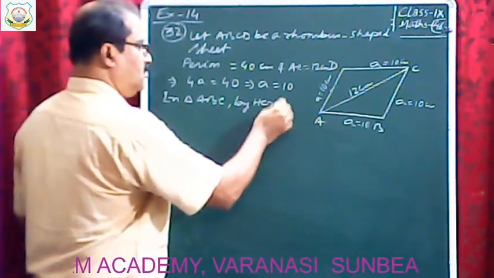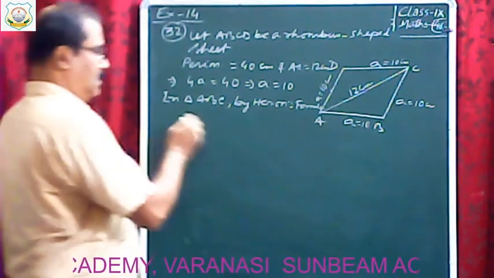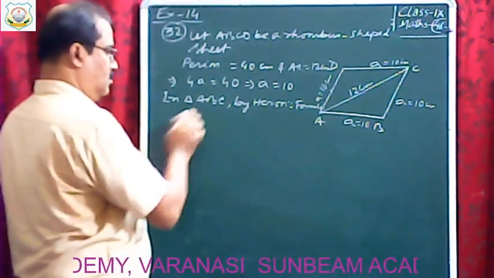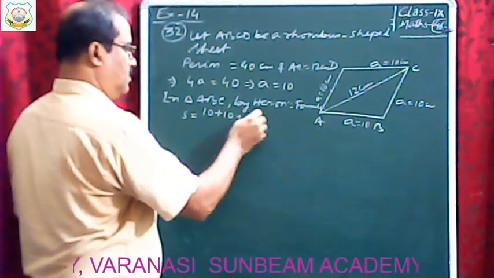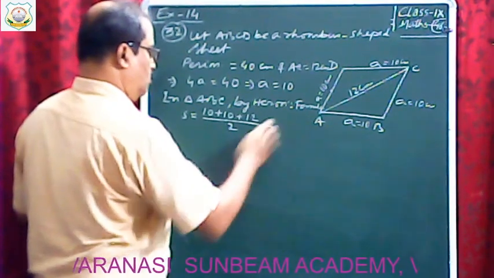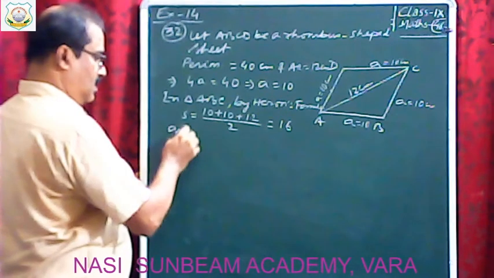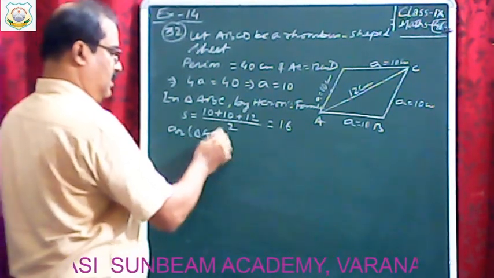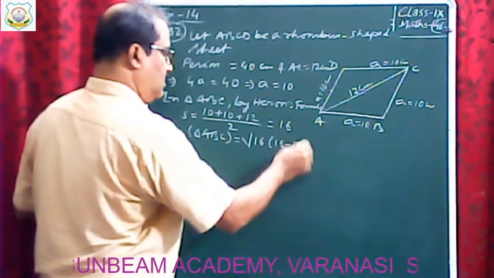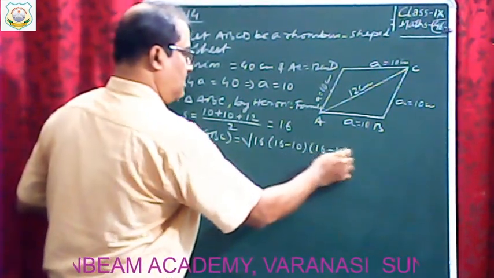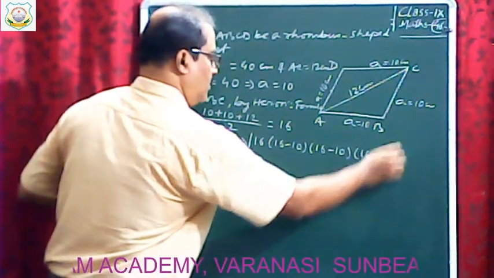By Heron's formula, S equal to 10 plus 10 plus 12 by 2, 20, 30, 30 by 2, 15. So area of triangle ABC equal to square root 16, 16 minus 10, 16 minus 10, 16 minus 12.